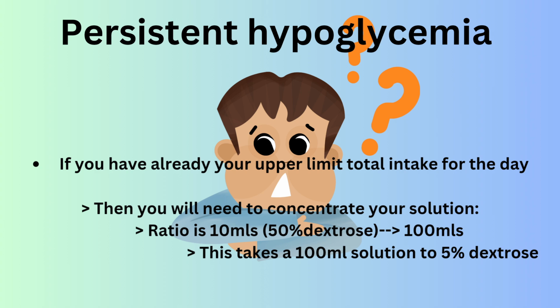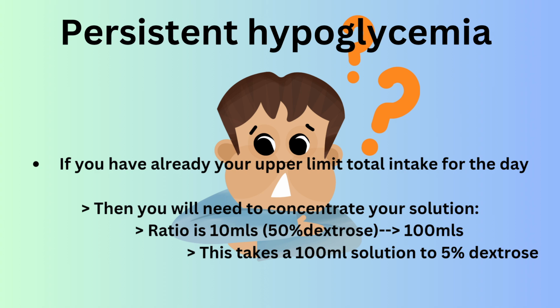Instead, you're going to need 20 mls of 50% dextrose, because we said the ratio is 10 is to 100 and Neolite is 200 mls. So it means you need 2 tens. You need 20 mls of 50% dextrose. If you add it into a 200 ml bag of Neolite, that will take that neonatal bag to 15% dextrose. But we don't want 15% initially, we want 12.5%.